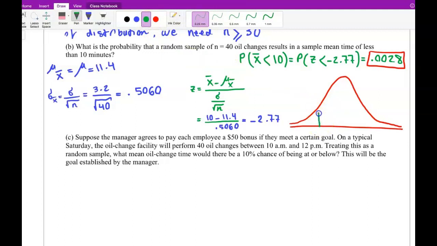So z was negative 2.77, and the area, probability, or proportion was 0.0028.